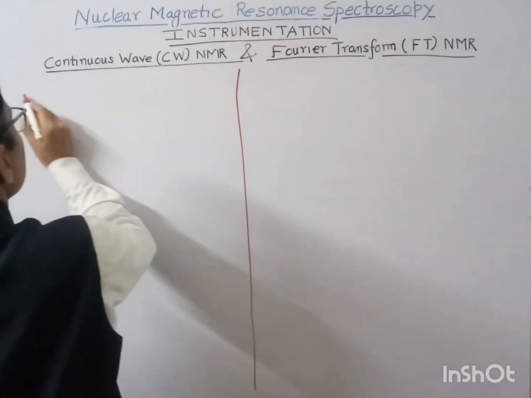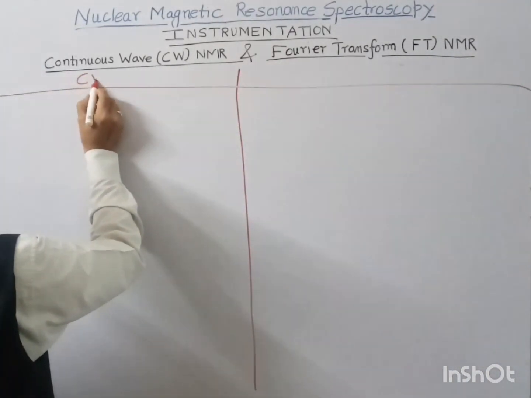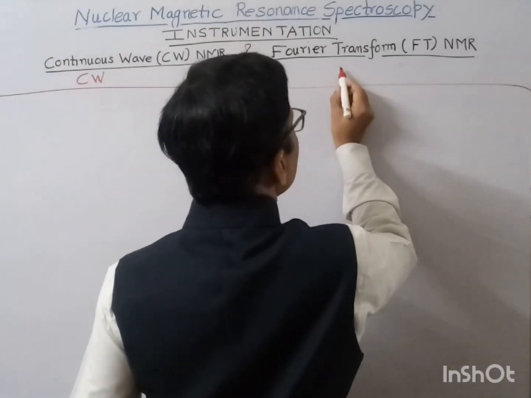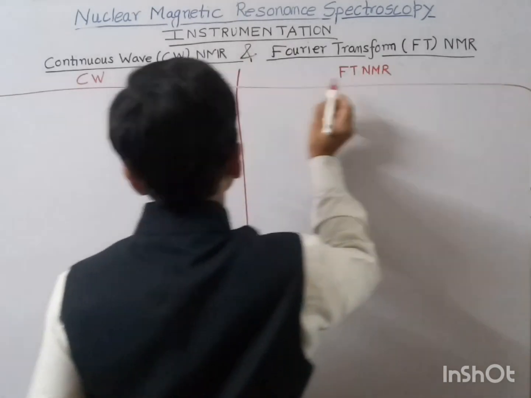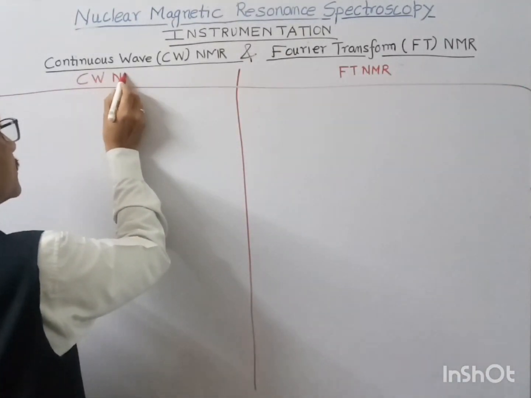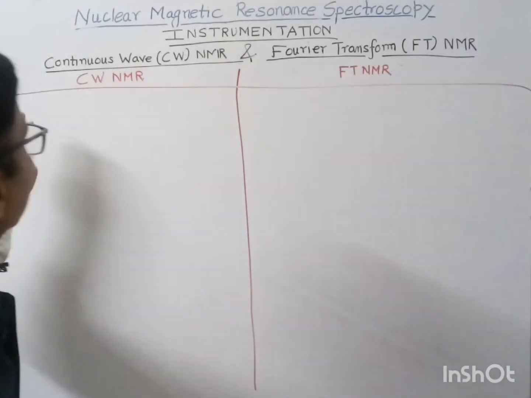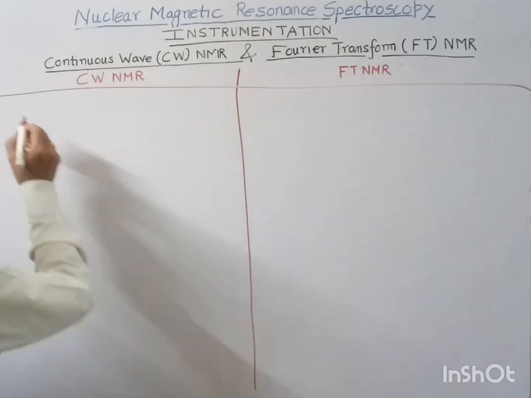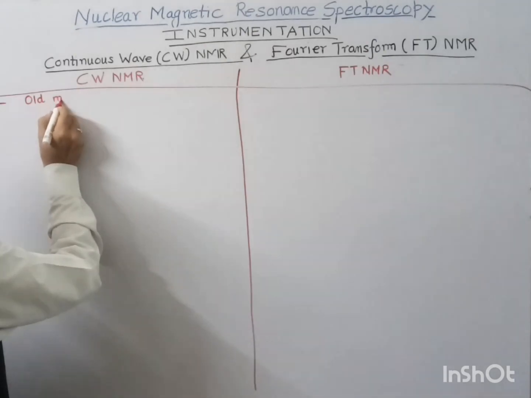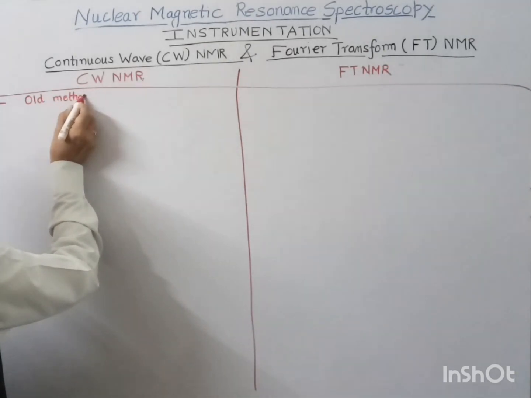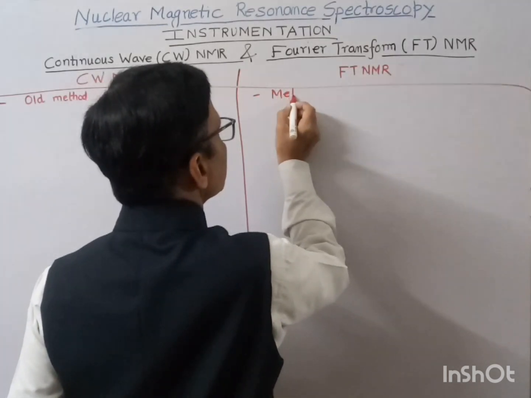One is continuous wave and another is FT NMR. This continuous wave NMR is an old method, and this is a modern method of determination.